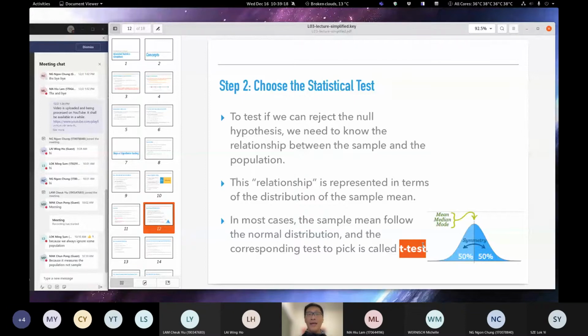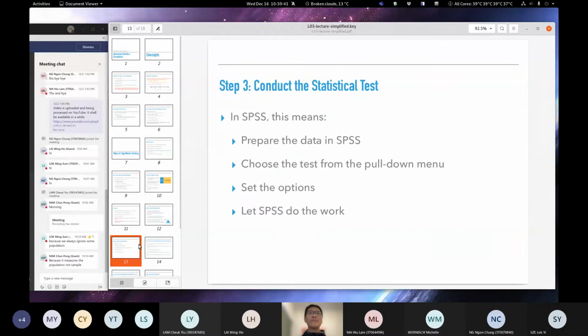And second, we are assuming that the sample mean will follow the normal distribution. Okay, if both of these are true, then we will use the t-test. I will tell you about the other cases later in the demonstration, but for now, let's just focus on this simple example. If this is true, then we do the t-test.